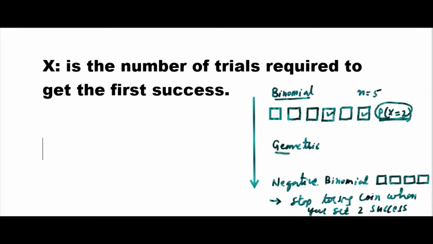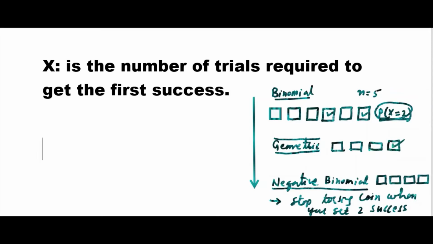In case of geometric, which is a particular case of negative binomial, here we count the number of trials required to get the first success. Once you get a success, you stop here. Suppose you get the first success, you stop.